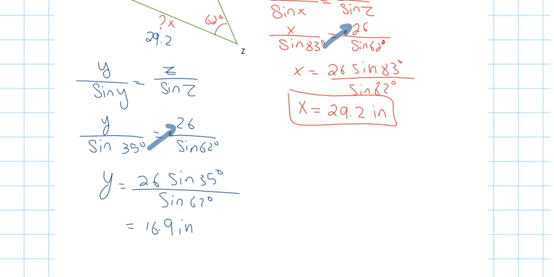Now, once you finish all of this, I want you to look at your answers and see if they make sense. When we look at an angle and its opposite side, the biggest angle is going to have the opposite biggest side.